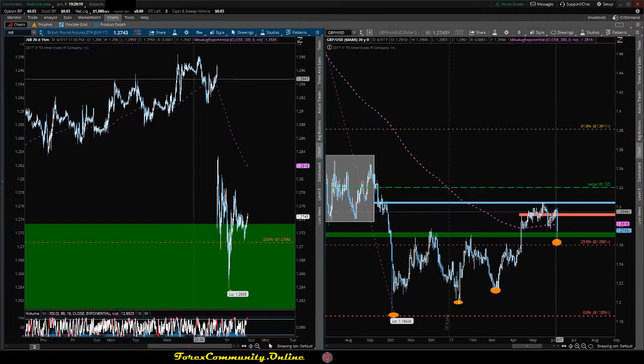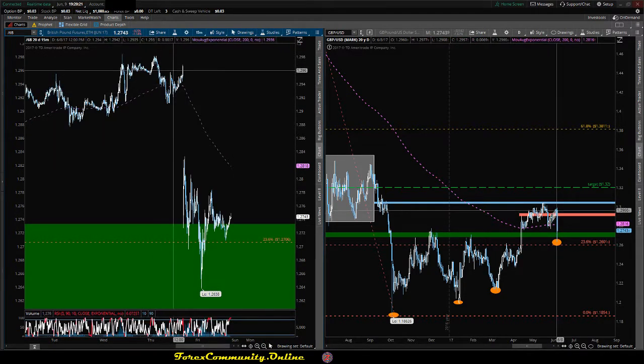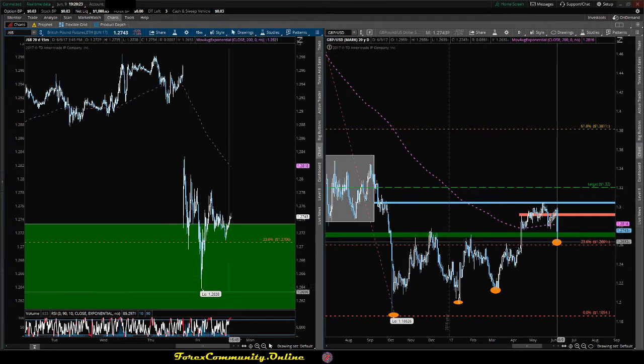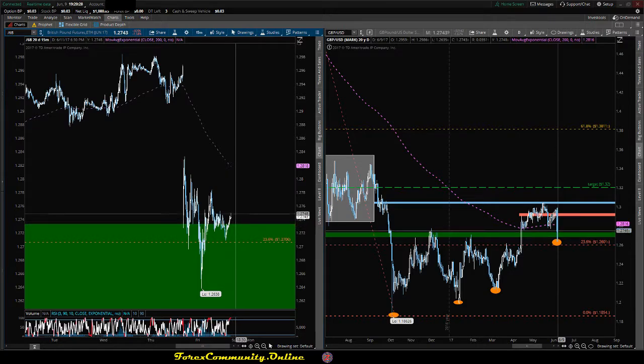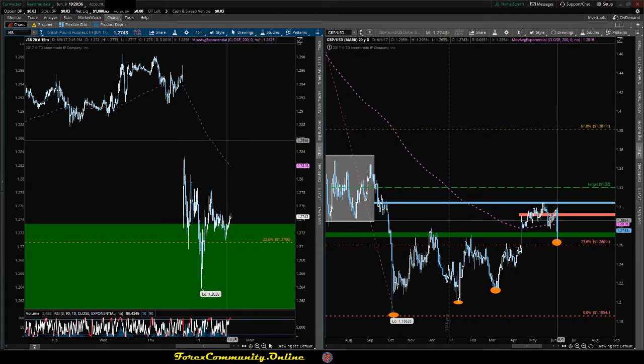Let's go and look on the 15-minute chart. We can see that we gapped down, and this, in my opinion, was the anchoring point for what could be a very nice bullish movement to the upside, pushing us beyond into our whole 1.3 psychological price range.